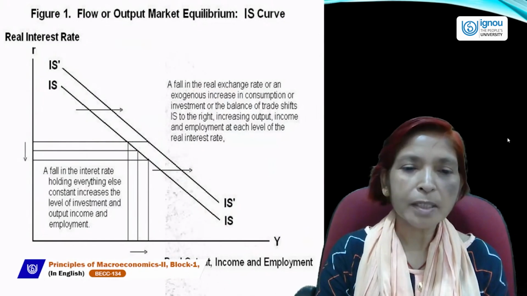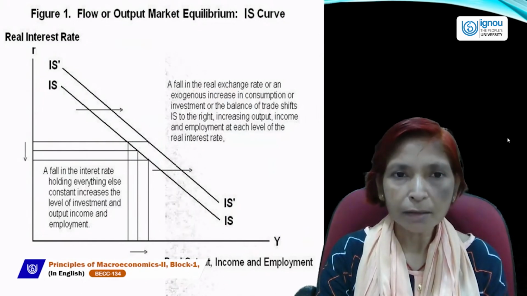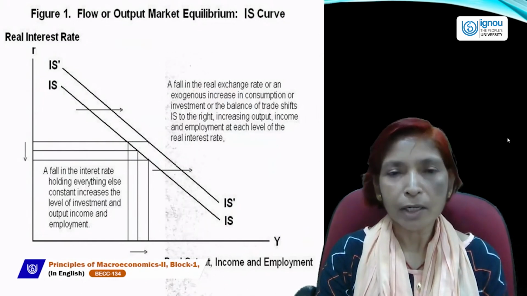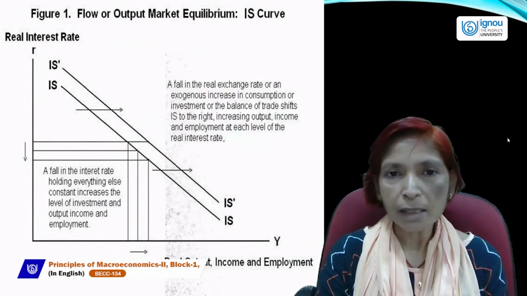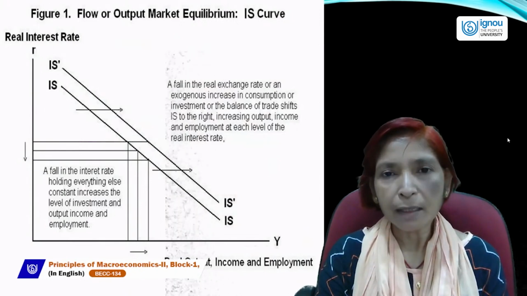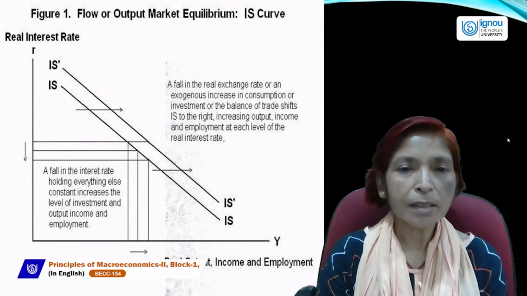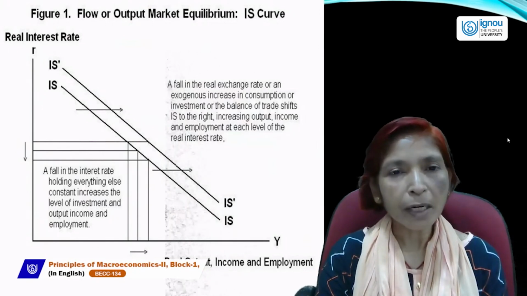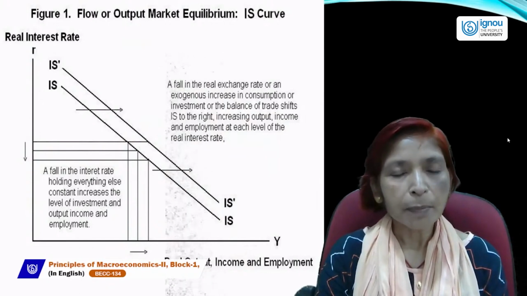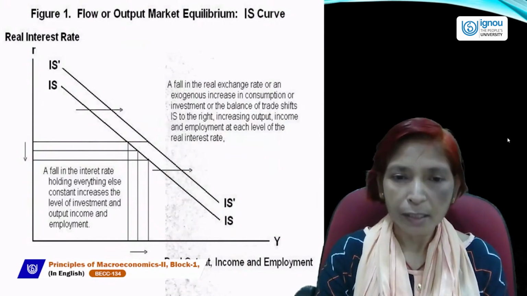Fiscal policy may be expansionary or contractionary. If the government increases public expenditure and reduces the rate of taxation, it means the government is following an expansionary fiscal policy.